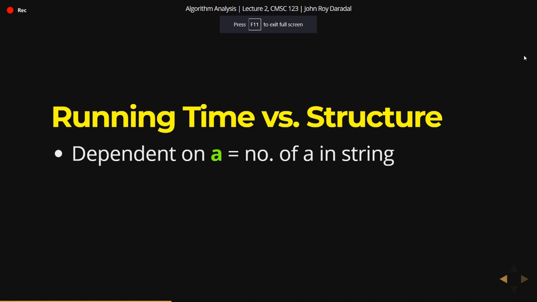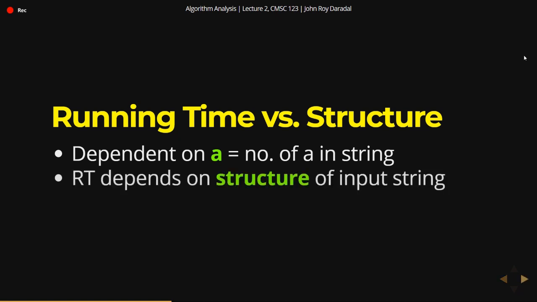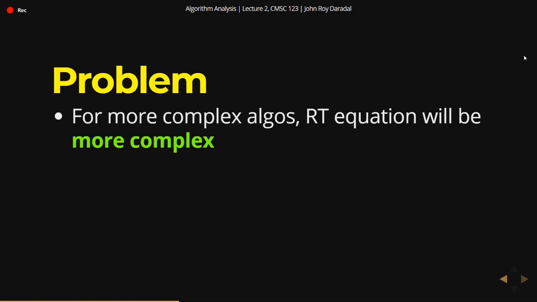You'll notice that the running time is actually dependent on a, which is the number of A's in the string. This is what we mean when we say that the running time is dependent on the input structure. However, this becomes problematic because for more complex algorithms, the running time equation will be even more complicated.